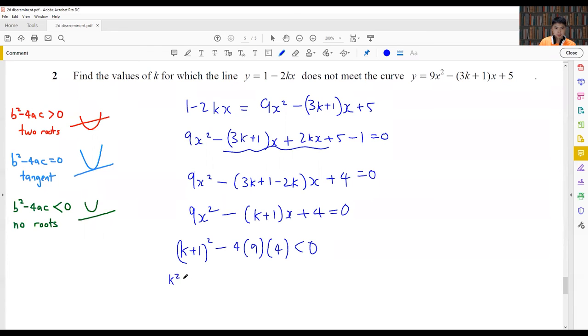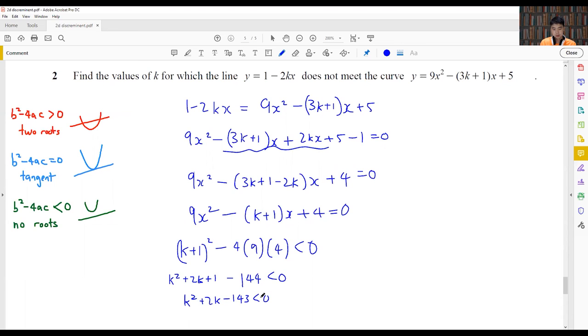Expand the bracket. k squared plus 2k plus 1 minus 16, that is 4 times 4 times 9, 144, is less than 0. Then simplify. k squared plus 2k minus 143 less than 0.